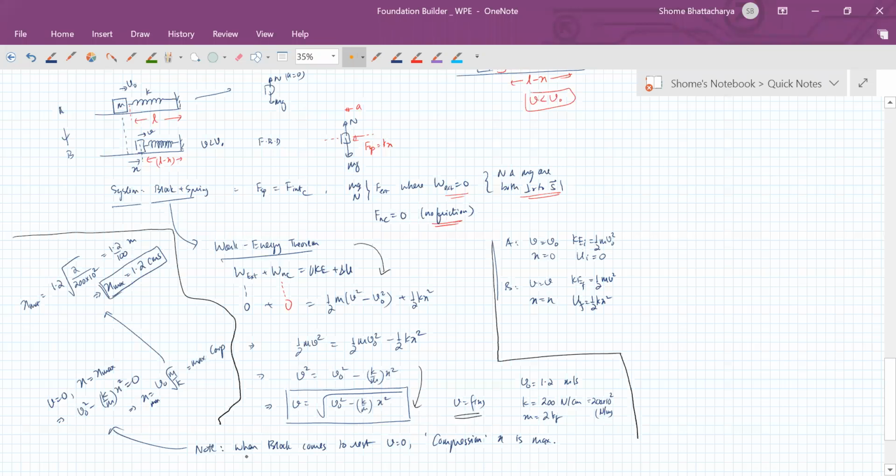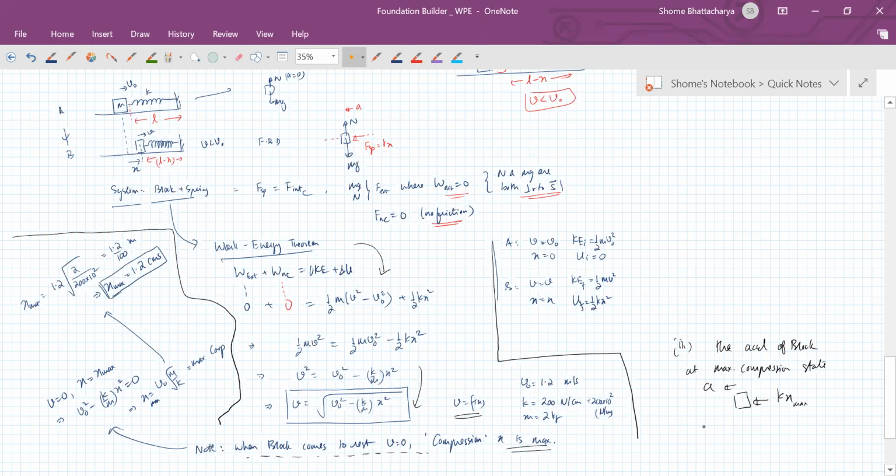And in that function, now we are substituting this condition that it comes to rest when the compression is maximum. So now also the third part, the acceleration of the block at maximum compression state. So that you'll understand from this.